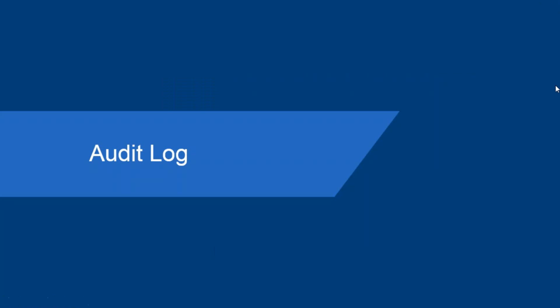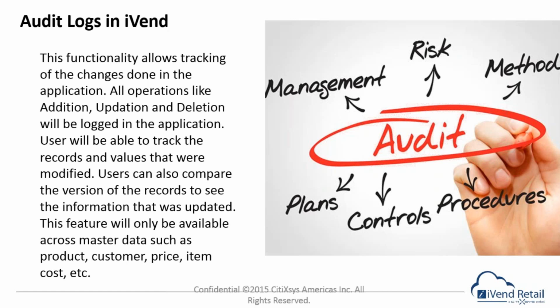Now there's another topic in today's session, that is audit log. Audit log is again one of the important features that would be used by the retailers, because a retailer should be aware of what all changes have been made as far as the product is concerned, as far as the customer is concerned in the system. So how can you see that? Audit logs are the functionality which tracks the changes done in the application.